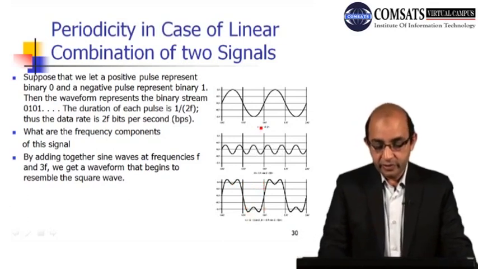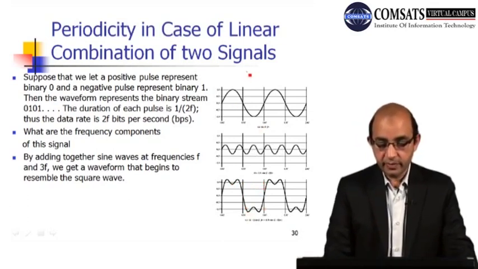This is f1 with frequency f, so this implies period T, and here we have f2(t) with frequency 3f.